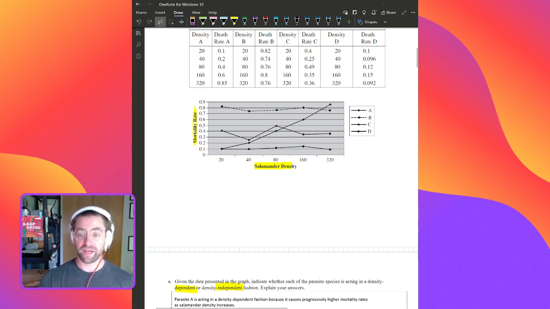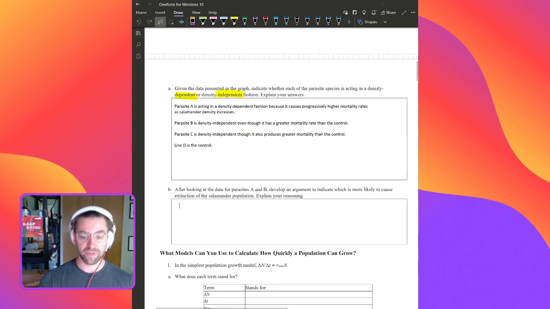So parasite B, by contrast, has this really high mortality rate, around 80%, regardless of the population density, and this could, especially in a smaller population, lead to an extinction event.